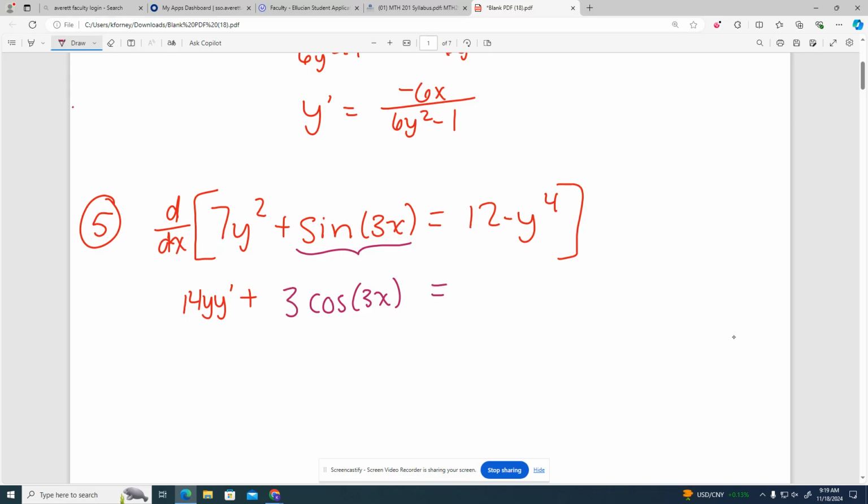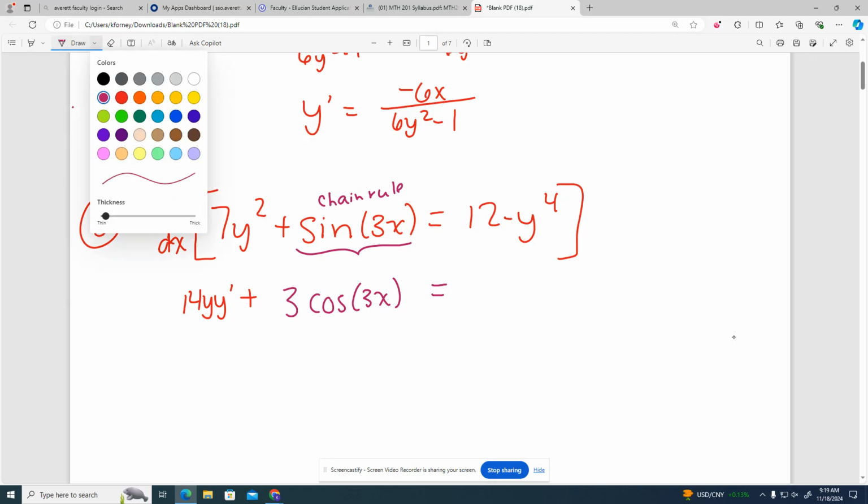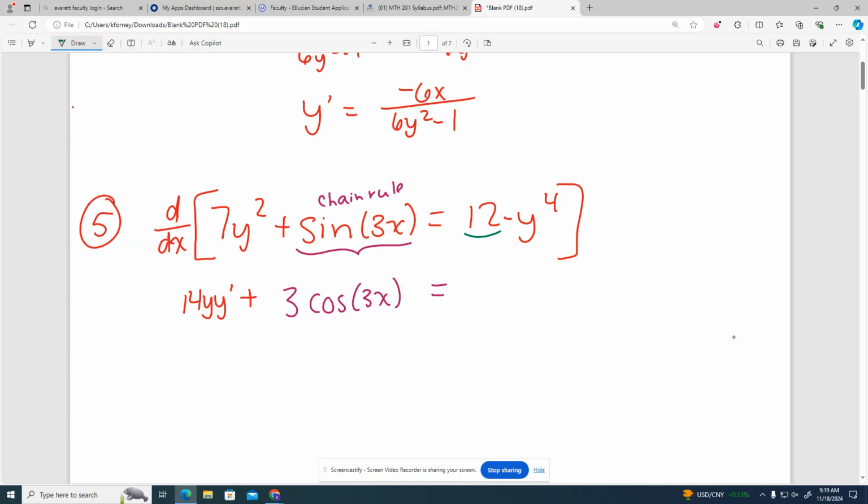Oh, we have to use the chain rule. Yes, because there's something inside. And then equals, the 12 becomes a 0. Y to the 4th becomes 4y cubed y prime.